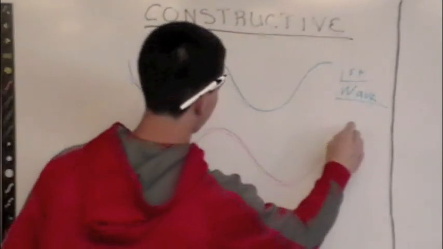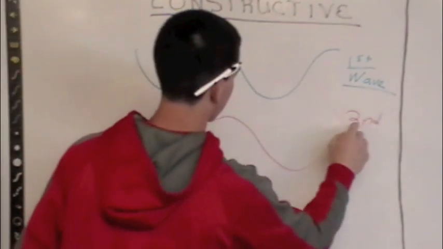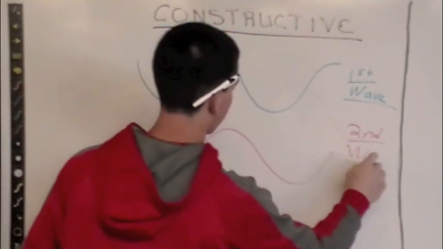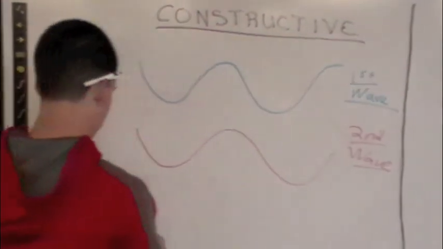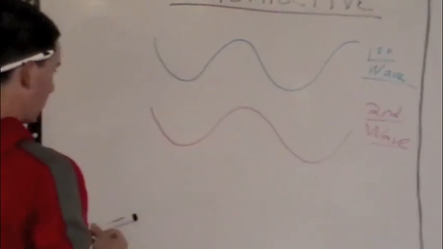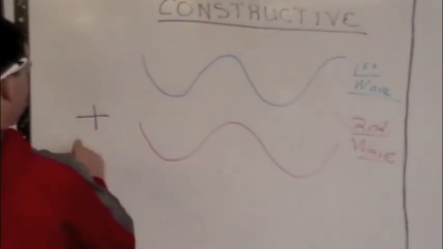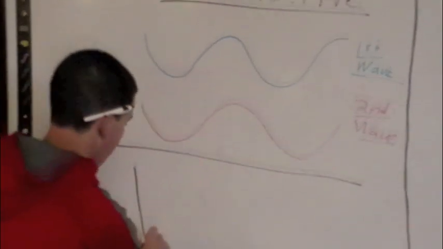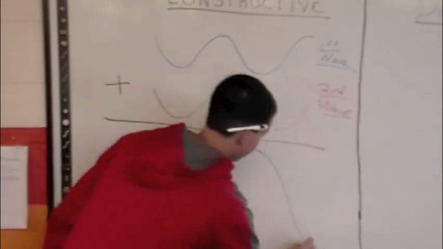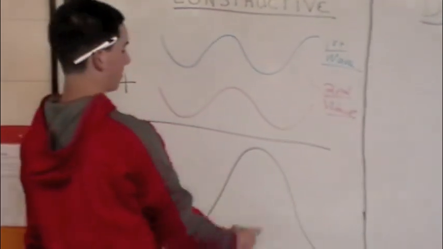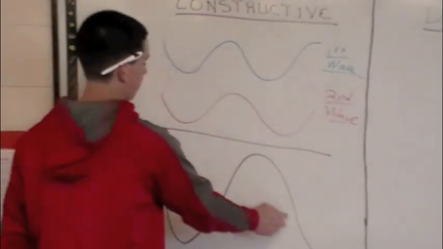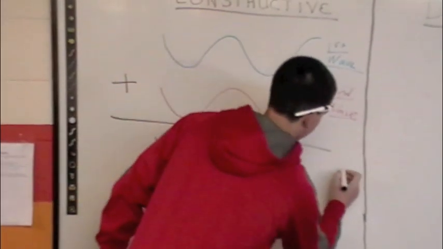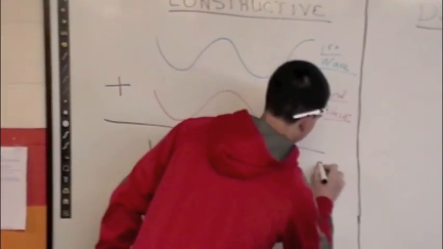You see that the peaks and valleys match up evenly to form the resultant wave, which I'll draw next. So if we were to add these two waves together, we'd get a wave with much bigger peaks and valleys, which is our resultant wave. This is an example of constructive interference.